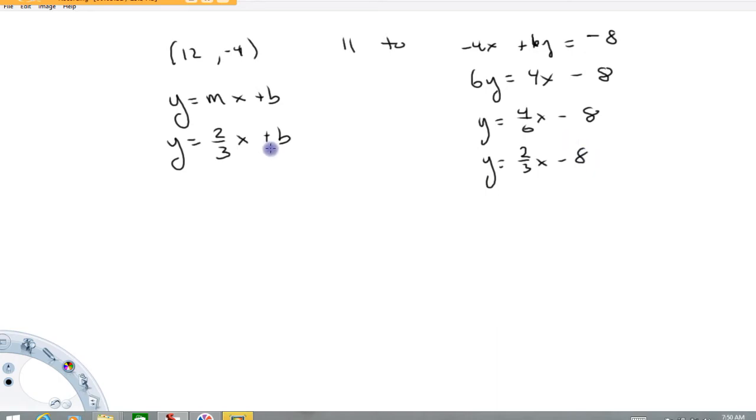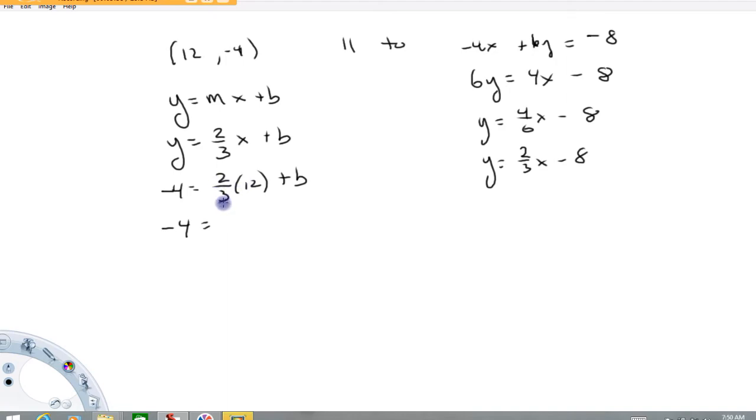Now we want to get the b, and we'll use our point to do that. When x is 12, y is -4. So this is going to read -4 equals 2/3 times 12 plus b. Maybe we'll do a little cleanup here.